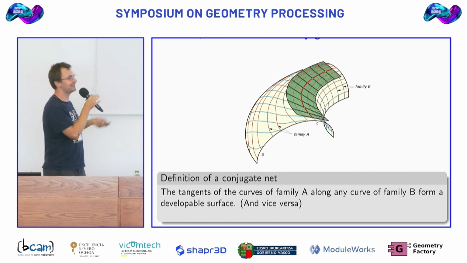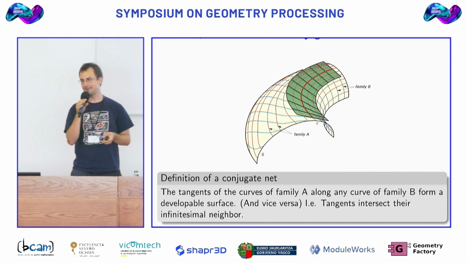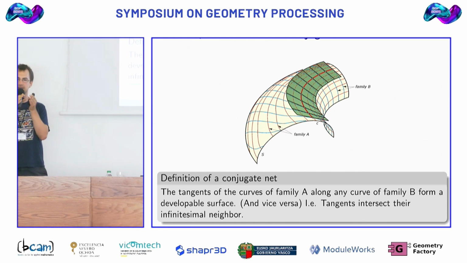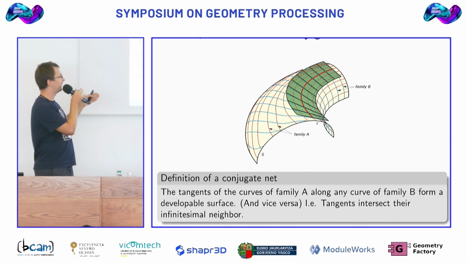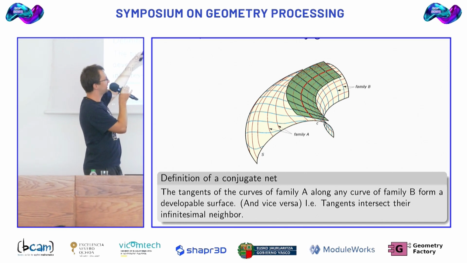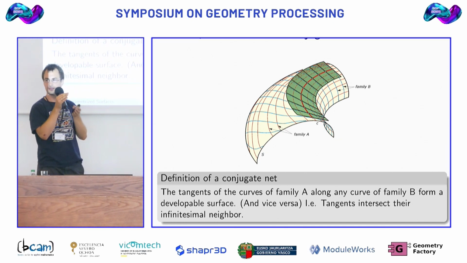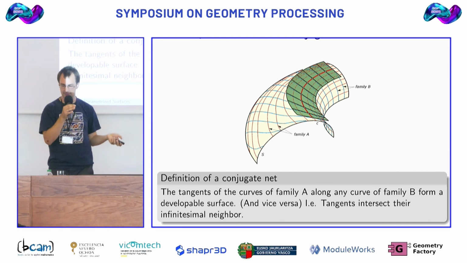Maybe, okay, what is a developable surface? So you can understand it like this. In a developable surface, infinitesimal neighbors of these rulings intersect. So again, here this means infinitesimal neighboring blue tangents, with this neighboring along the red curve, they intersect.